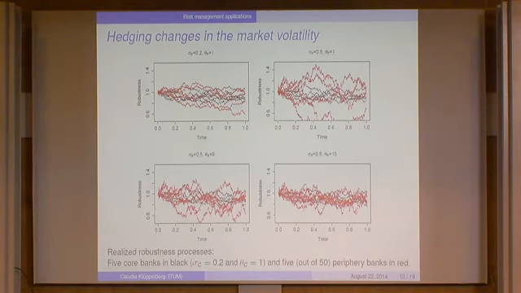And this is then what happens. If the periphery bank increases theta p from 1 to 6, that is what happens to their sample path, to their financial robustness. And if they increase theta p even to 15, you see this pattern. I think that's not too unrealistic and explains a little bit the model.